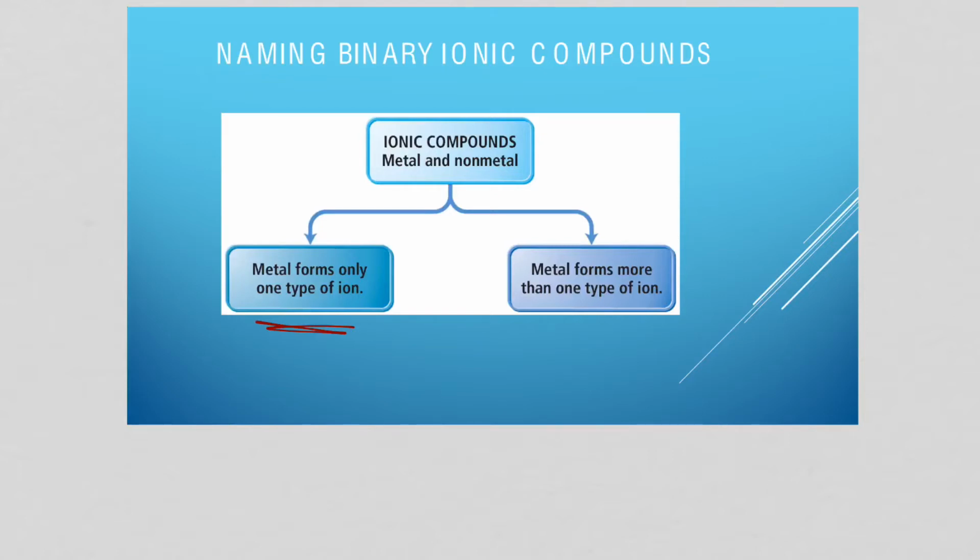So this would be your transition metals or transition elements, right? That don't always form the same charge ion all the time. So we're going to go through these one at a time and learn how to name them.